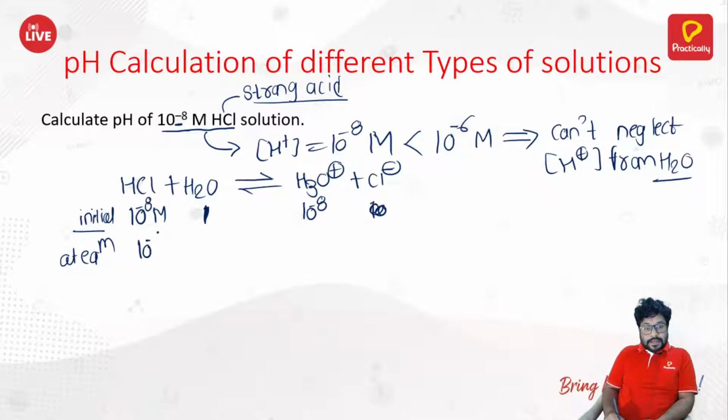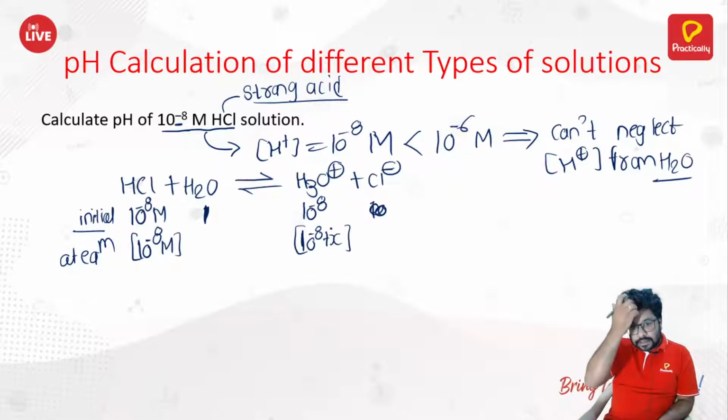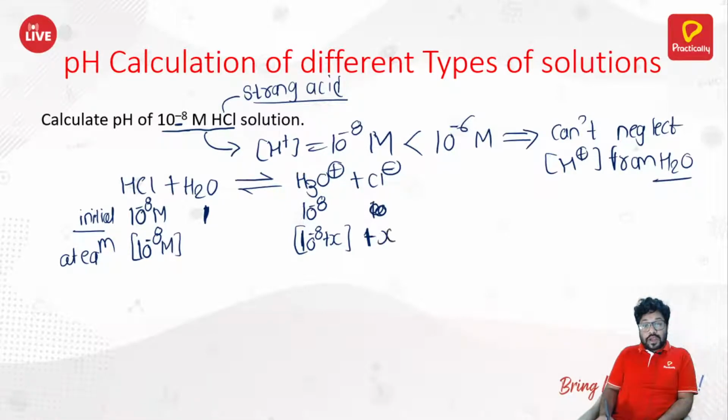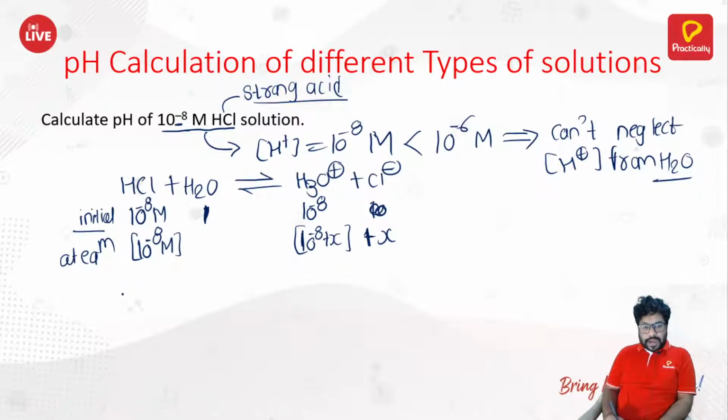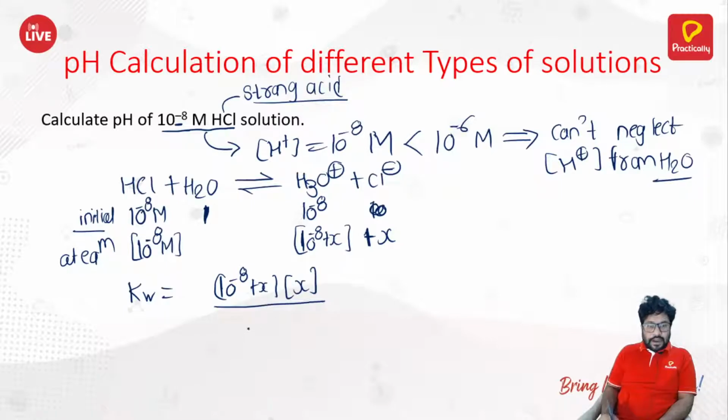Your HCl is 10 raised to minus 8 molar only. This is 10 raised to minus 8 plus X, and this is also X. Now you write your Kw: the concentration of this, the concentration of that, 10 raised to minus 8 plus X into X, divided by 10 raised to minus 8.